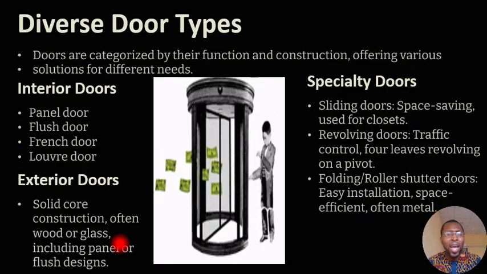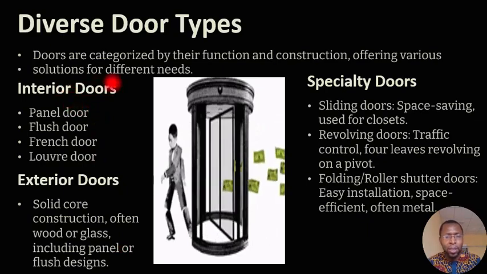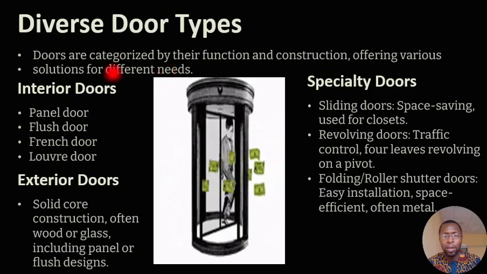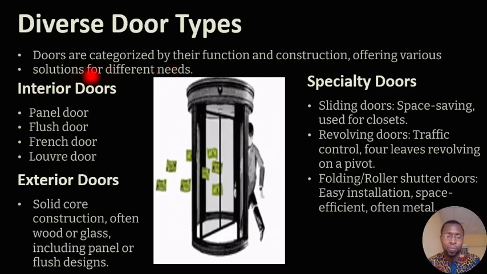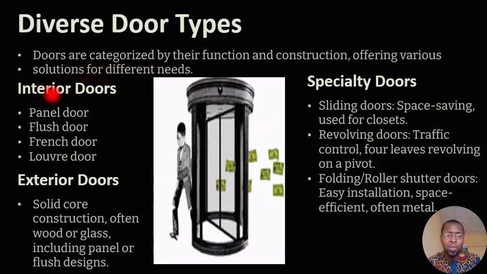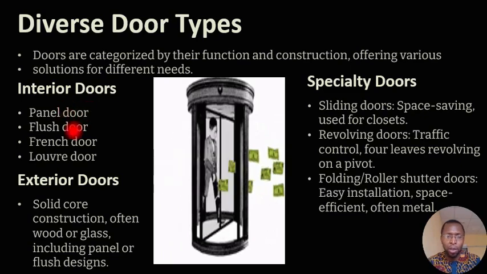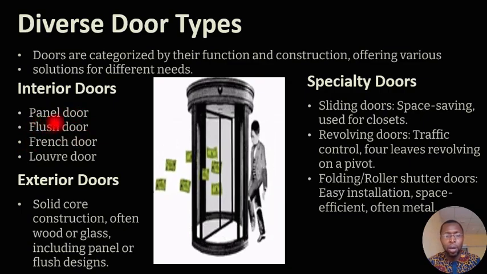Then we have diverse types of doors. So doors are categorized based on their function and construction. And with this, they offer various solutions for different needs. So we have the interior doors, those that are used for the interior part of the house, like your room. So these interior doors can be in the form of panel doors.